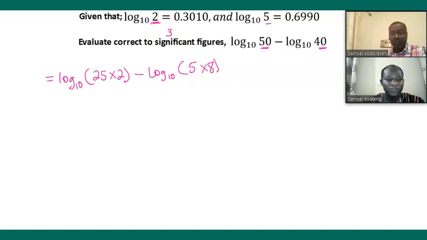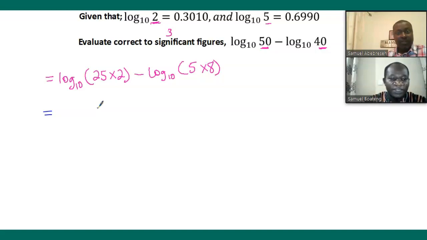So we still have to apply the laws of logarithm. According to the laws of logarithm, if the two numbers are multiplying, then we are going to add.